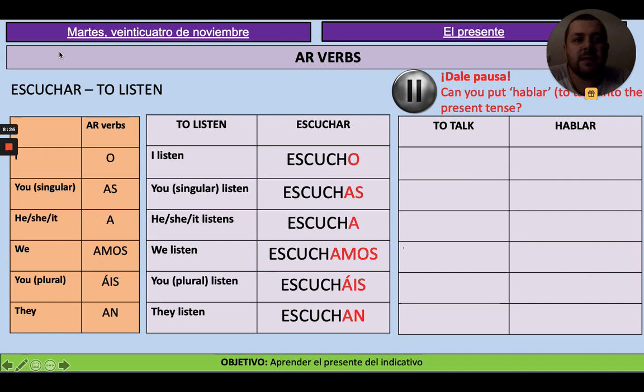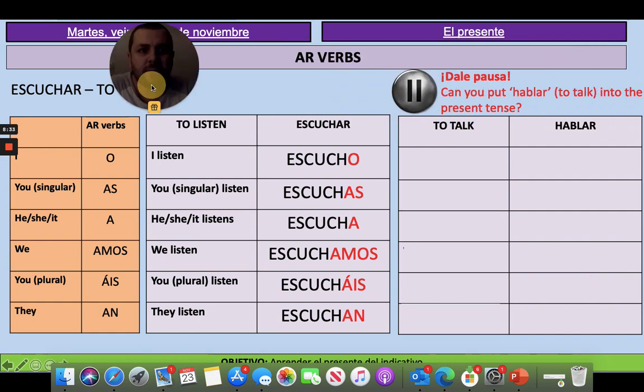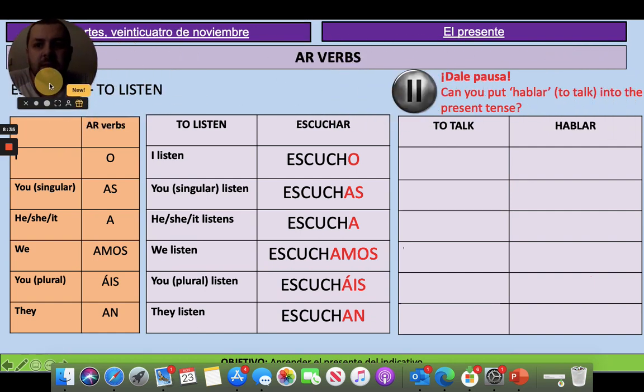Okay, so now you need to pause the video and can you do the same thing with hablar? So can you put hablar into the present tense? Pause the video and do that now. Okay, so hopefully you've managed to use escuchar to show you how to put hablar in the present tense.